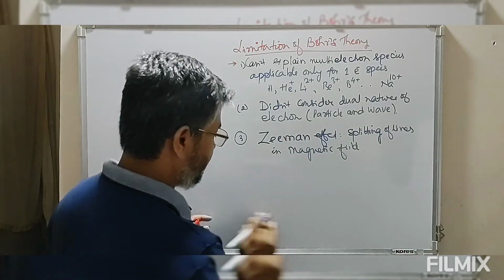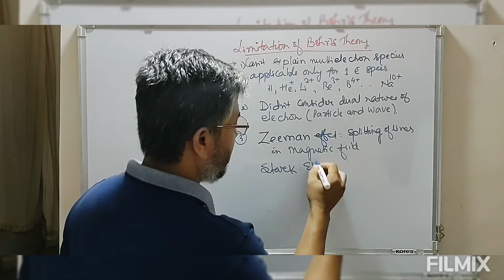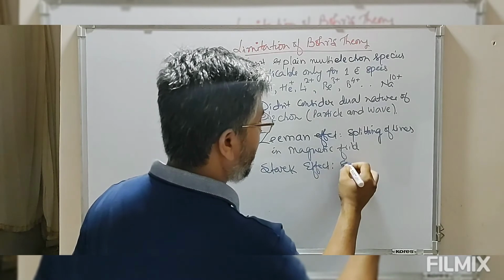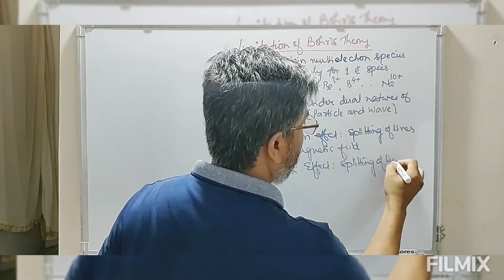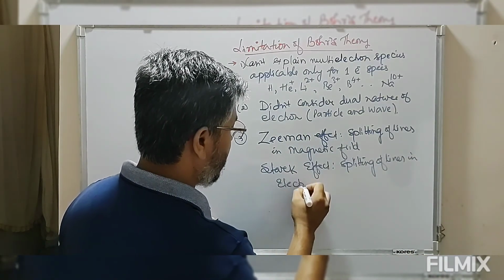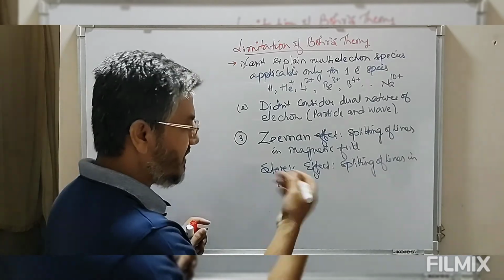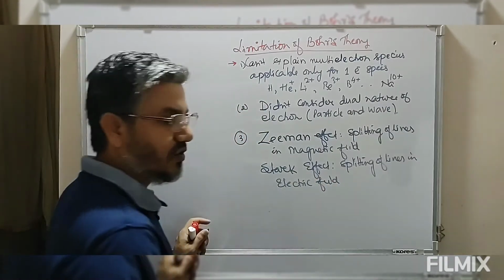Similarly, we have the Stark effect, which is the splitting of a single line in an electric field. When a single line is placed in a strong electric field, again the line splits into a number of lines.